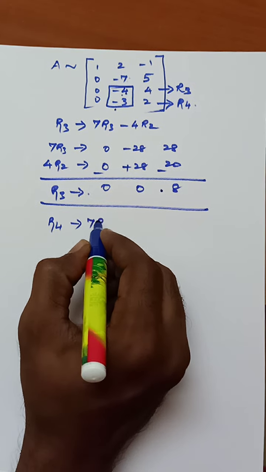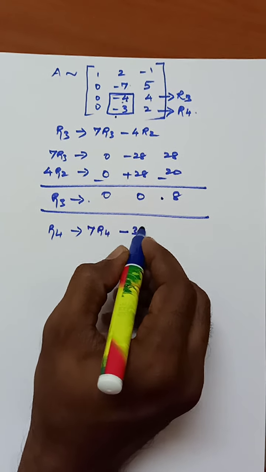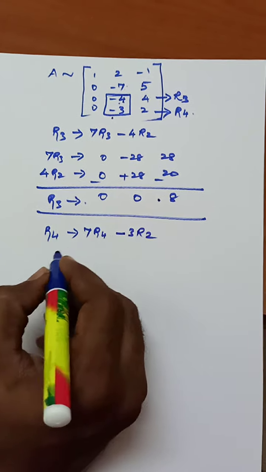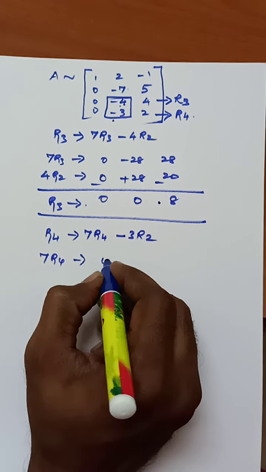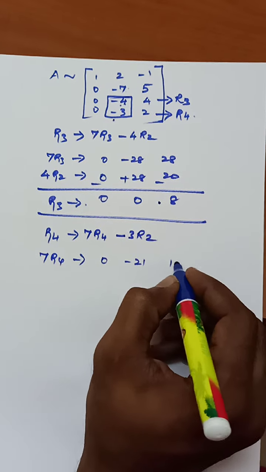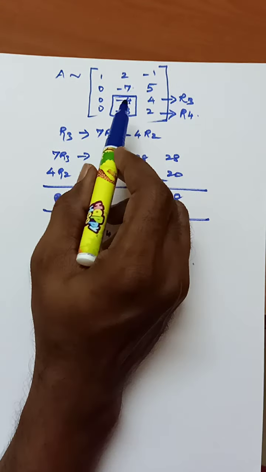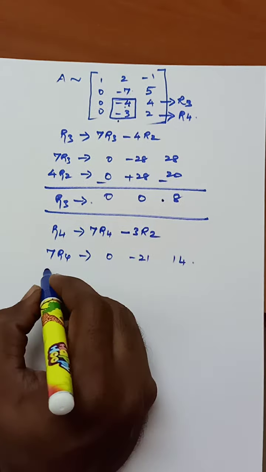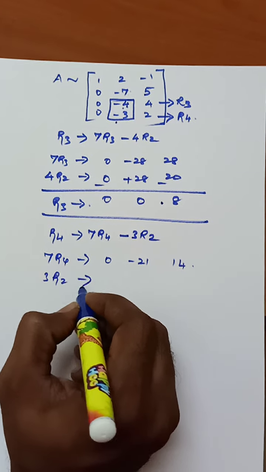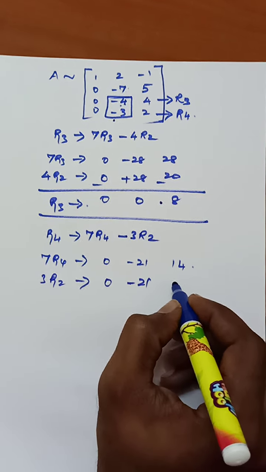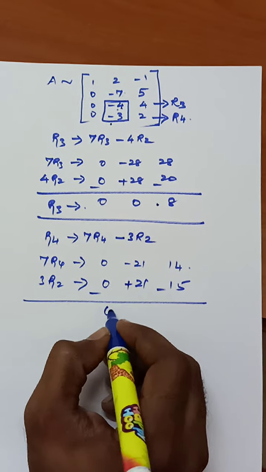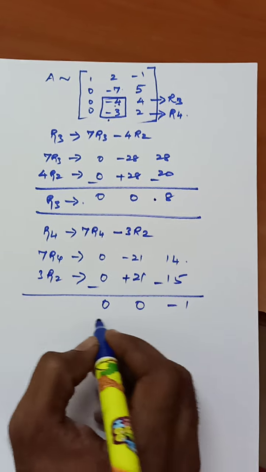So 7 times R4 minus 3 times R2. 7 times R4 is 0, minus 21, 14. At the same time 3 times R2 is 0, minus 21, and 3 fives are 15. Again subtraction, minus plus minus: 0, 0, minus 1.